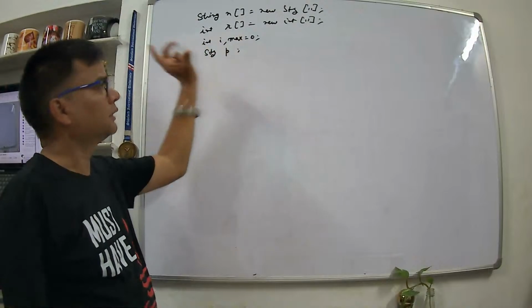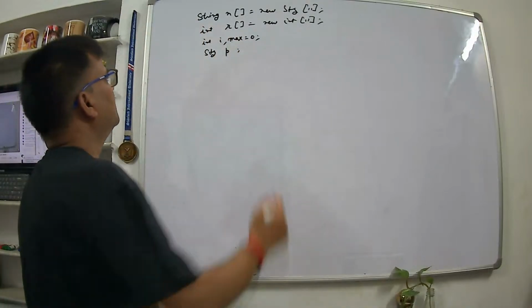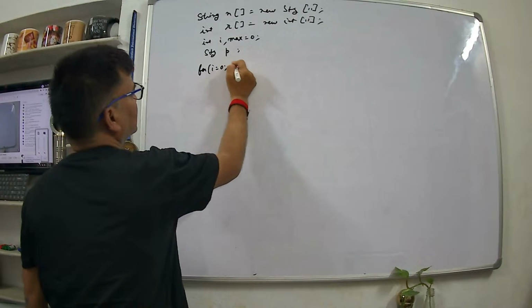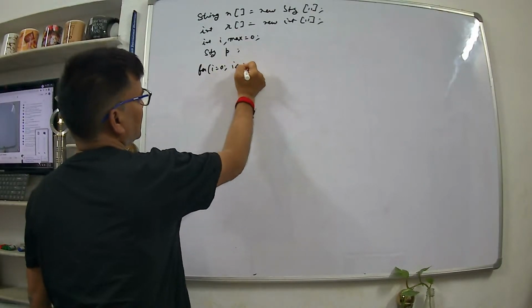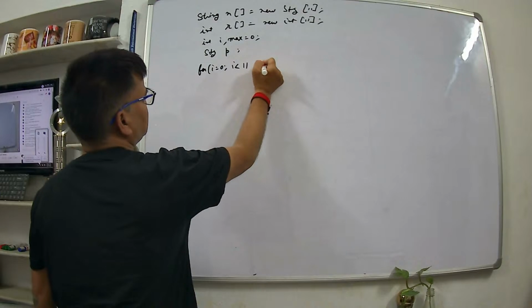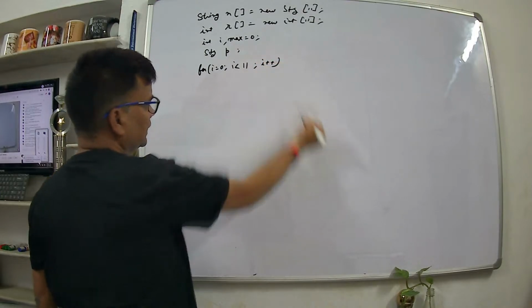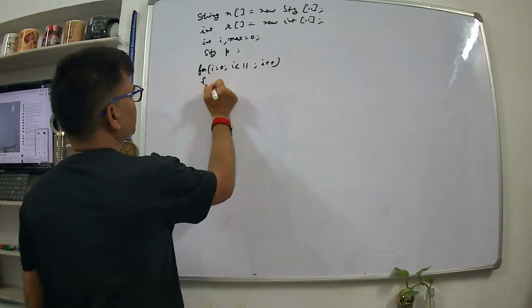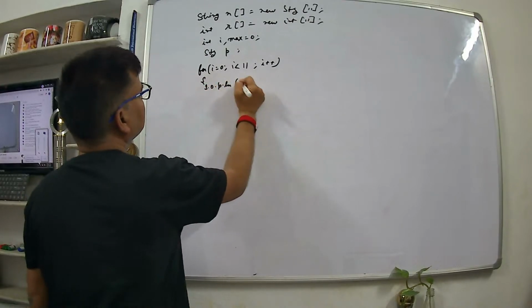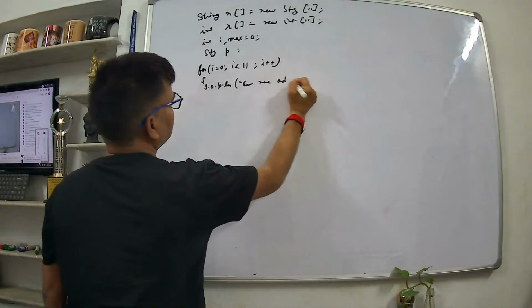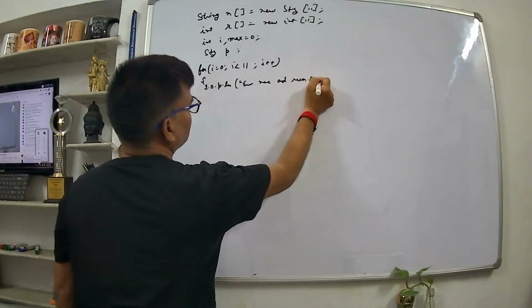Now, for i equal to 0, i less than 11, it will go from 0 to 10, i plus plus, System.out.println, enter name and run score.